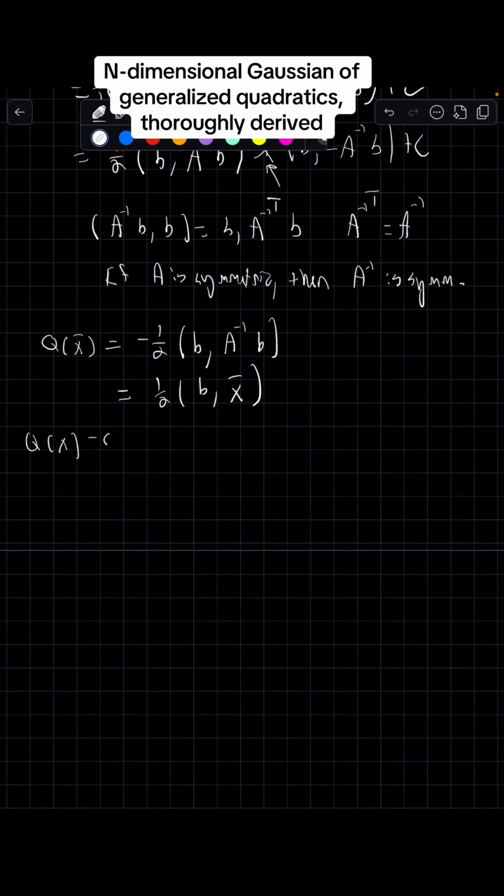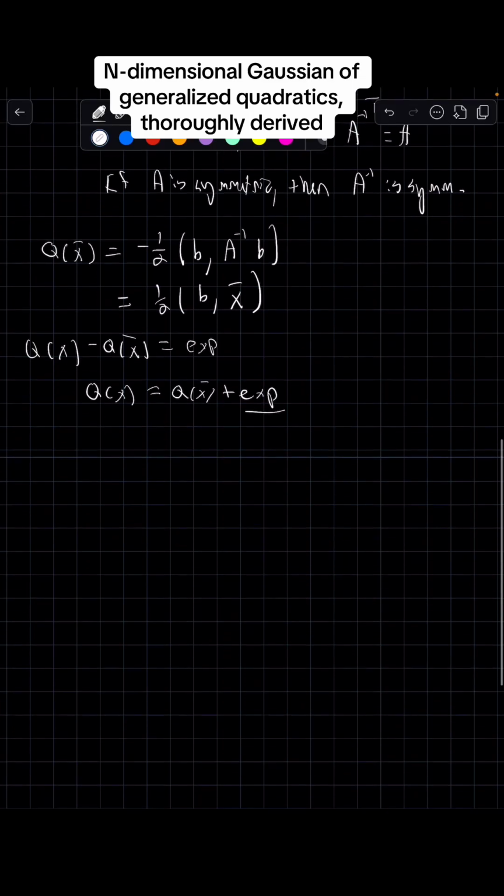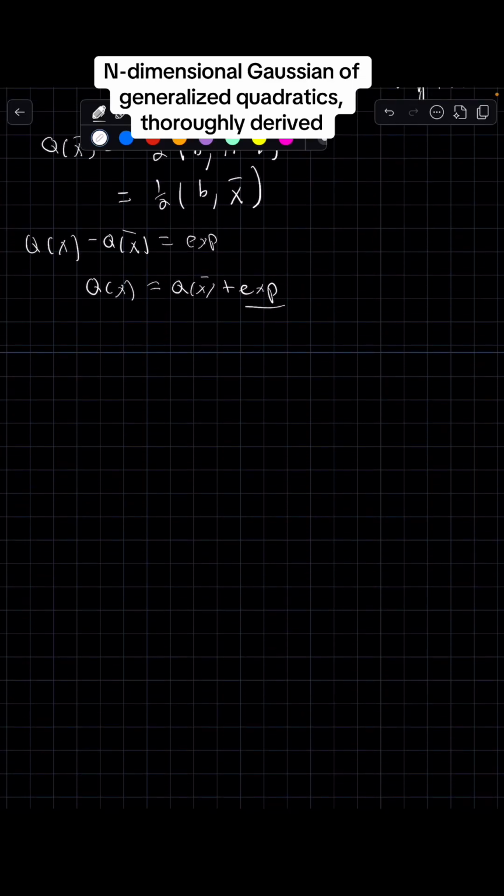Okay, and now let's find the difference. Q of x minus q of x bar will be what's left over, equals some expression, so that we can rewrite q of x as q of x bar plus that expression. And we'll see that this expression is really neat. So let's do that. Our expression is equal to 1/2 x A x plus b x plus c minus 1/2 b x bar minus c.